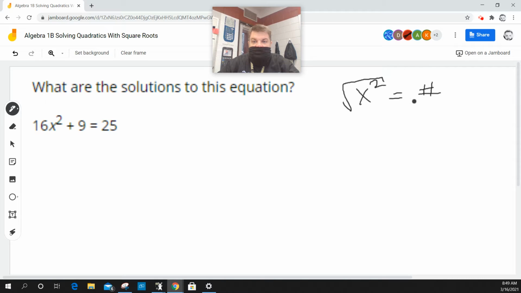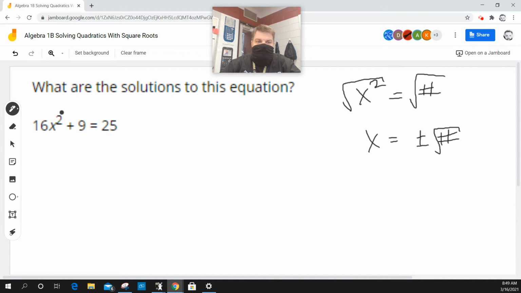We're going to take the square root of both sides, and then we're going to get x equals plus or minus whatever that number is. Okay? Does that make sense? Or the square root of that number. All right, so basically we're going to solve for x squared and then see if we can take the square root of both sides. So on this one, it says, what are the solutions to this equation?